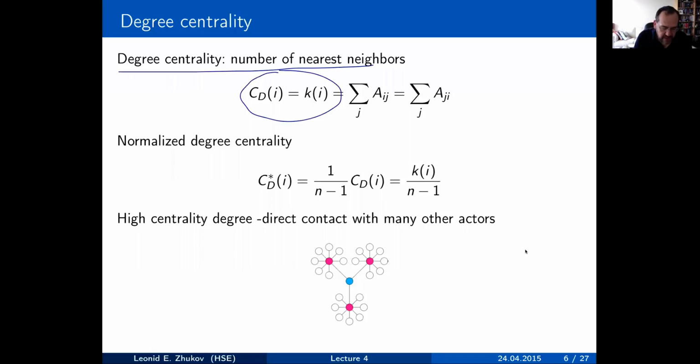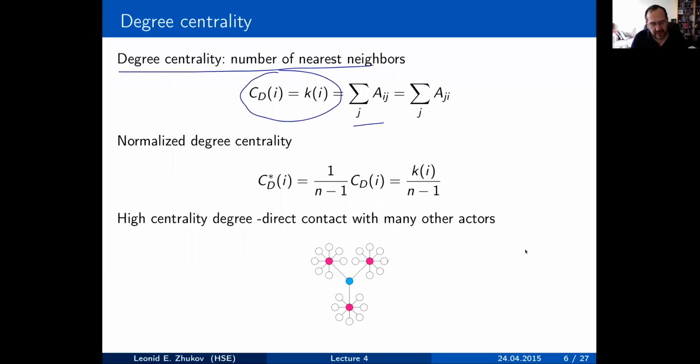The metric is just calculated as k_i, the number of nearest neighbors, and if we deal with an adjacency matrix, we just need to sum over rows or columns, because the matrix is symmetric and the graph is undirected. Now, sometimes it is hard to do relative comparison of the nodes if we just use the absolute value of the node degree, because in some graphs node degrees are very high, and in others node degrees can be much smaller if the graph is smaller.